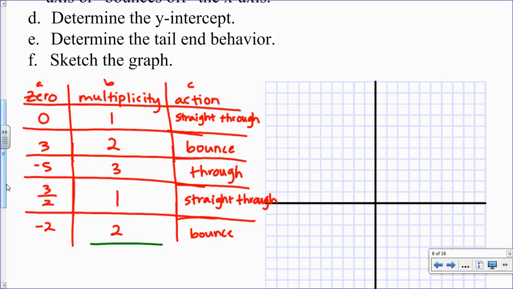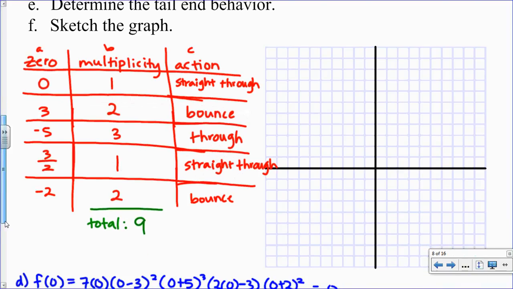Okay, so if I add these, that will tell me the degree. And the degree is important because I want to know if it follows an odd degree or an even degree, the end behavior. So that's 3, 6, 7, 9. So this is degree 9.